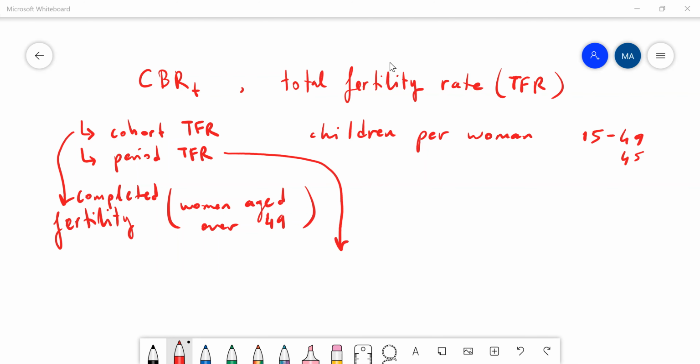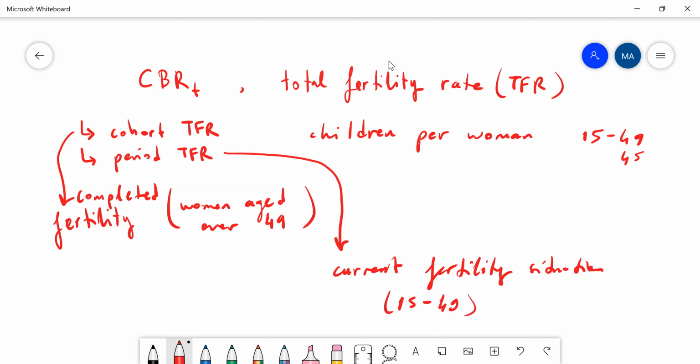And in the period TFR, we want to look at the current fertility situation in the country. So for this reason, we look at, let's say, 15 to 49. We look at these women, and suppose that a particular woman is 34 years old. We assume that until the age of 49, she's going to continue to follow the country's average fertility patterns.